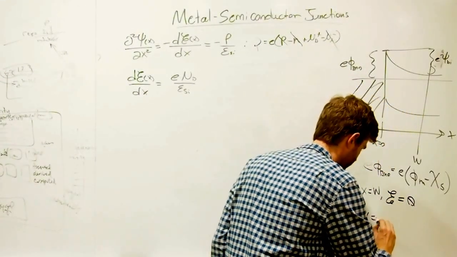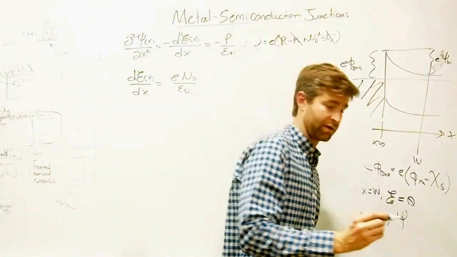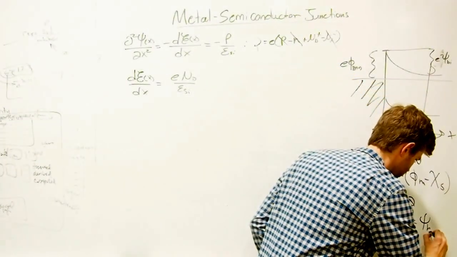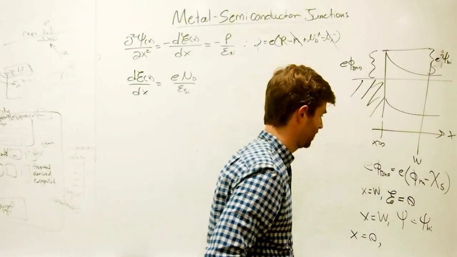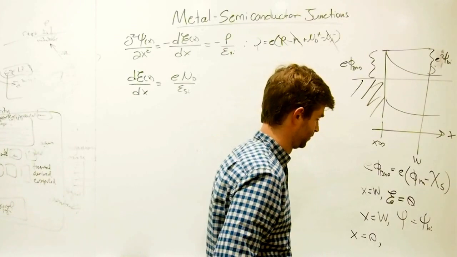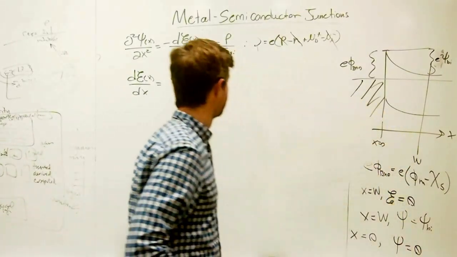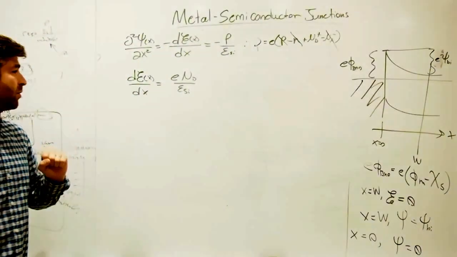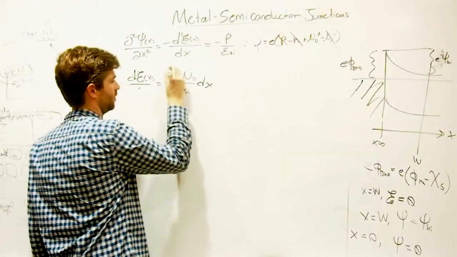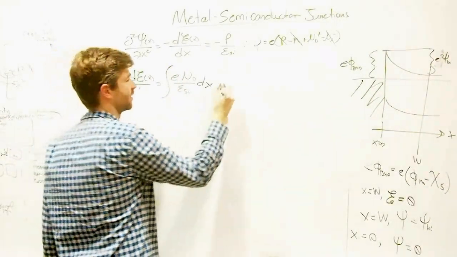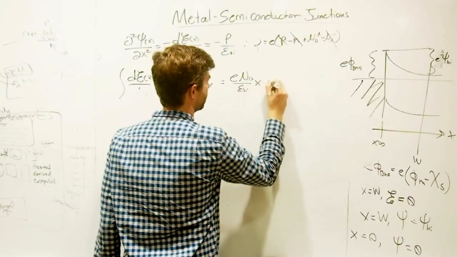Also at x equals w, our potential is the built-in potential, and at x equals 0, our potential is 0. Okay, so we're going to integrate both sides. Bring dx over here, integrate both sides, and we get e ND over epsilon silicon times x plus C.